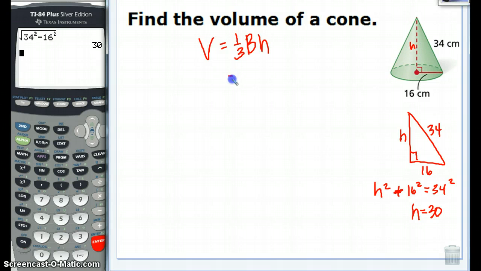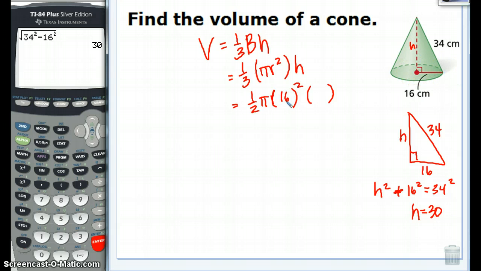That's all we need. We throw it into this. Now we know the area of the base is pi r squared and h. All right, my radius here is 16, and my height I got over here is 30. Now be really careful here.